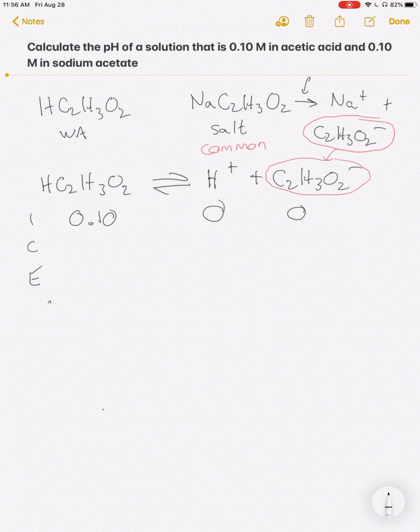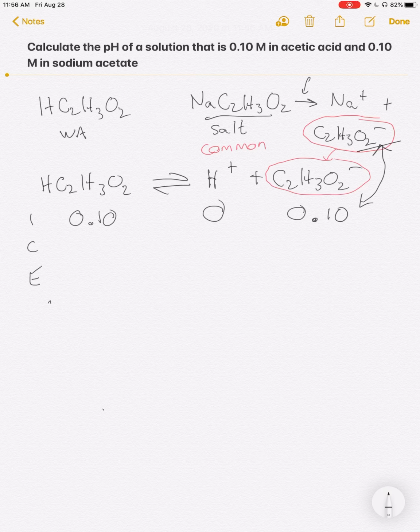But now we have another item in the mix, and that is the salt, which produces this acetate ion. Since it dissociates completely and its initial molarity is 0.1 molar, we are also going to have 0.1 molar of acetate ion initially, and that acetate ion initially is from that sodium acetate.